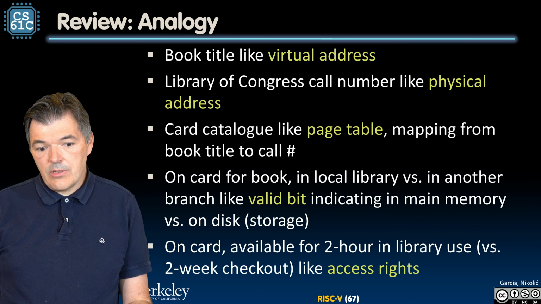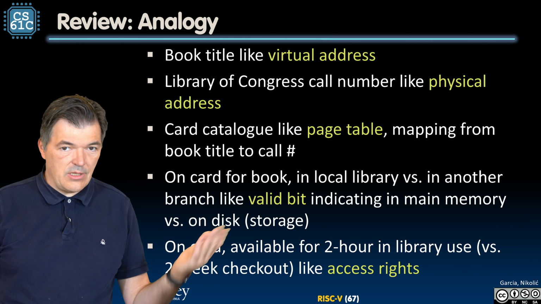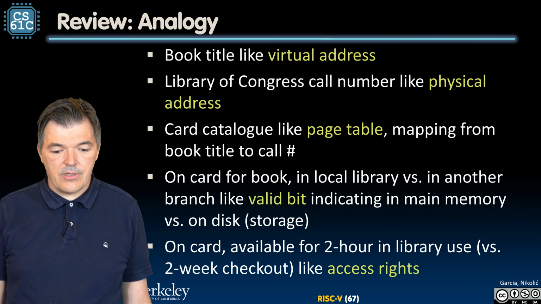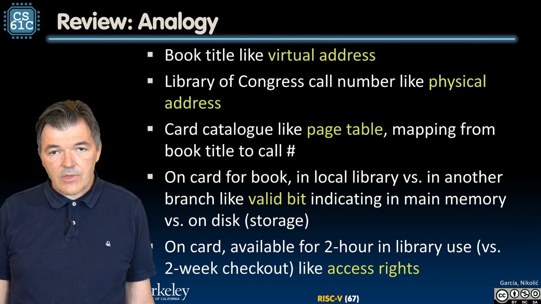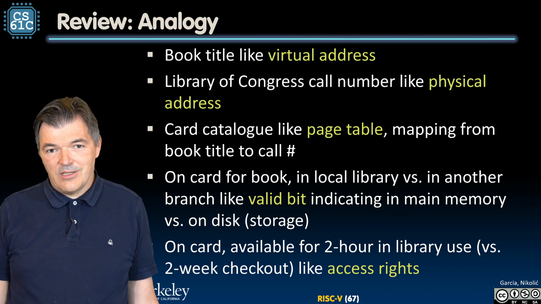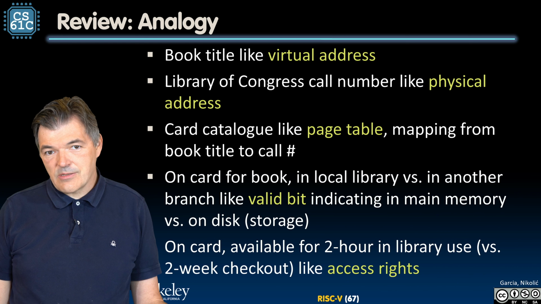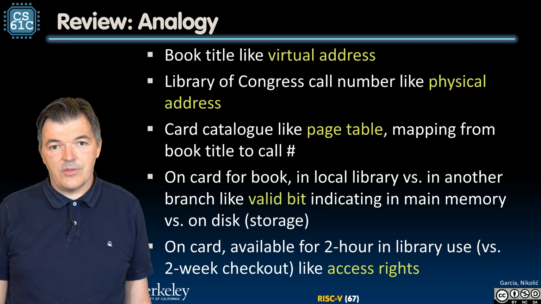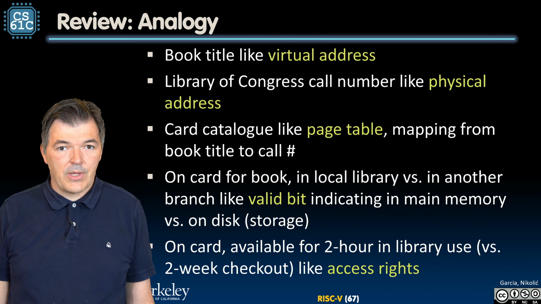Is it in the main memory or is it on the disk, meaning some external storage or some other library, some other facility? Finally, there may be a reservation bit on that entry that tells us for how long we can check out that book, and can we check it out at all.